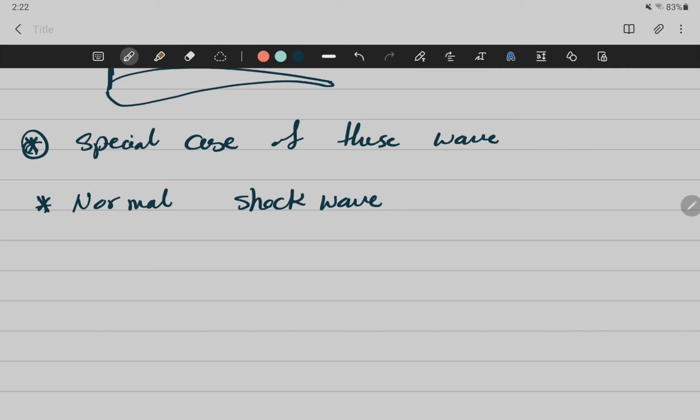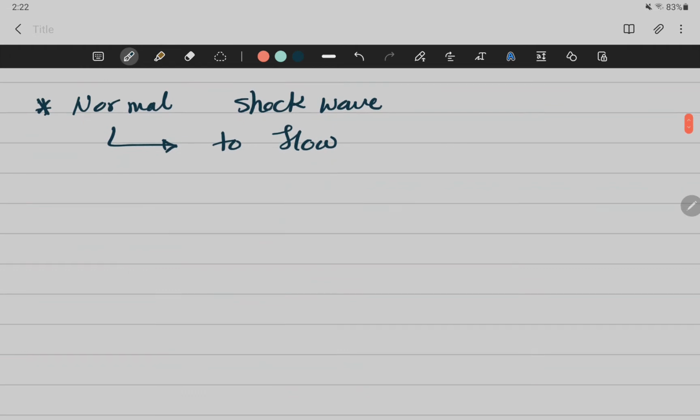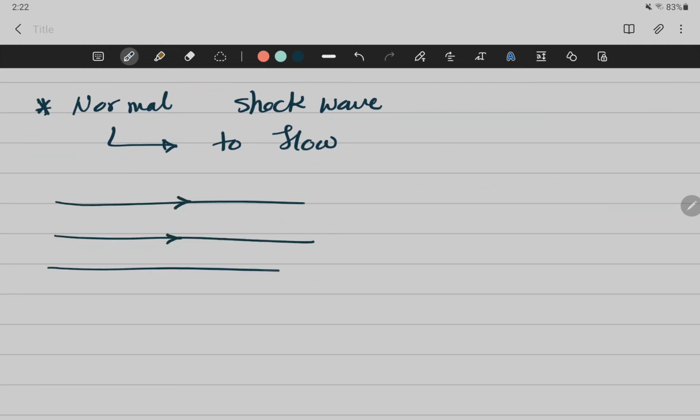And by normal, we mean it is normal to the flow. So if your streamlines are moving in this direction, a normal shock wave is going to be normal to the streamlines, right? This is the strongest shock wave you will see.